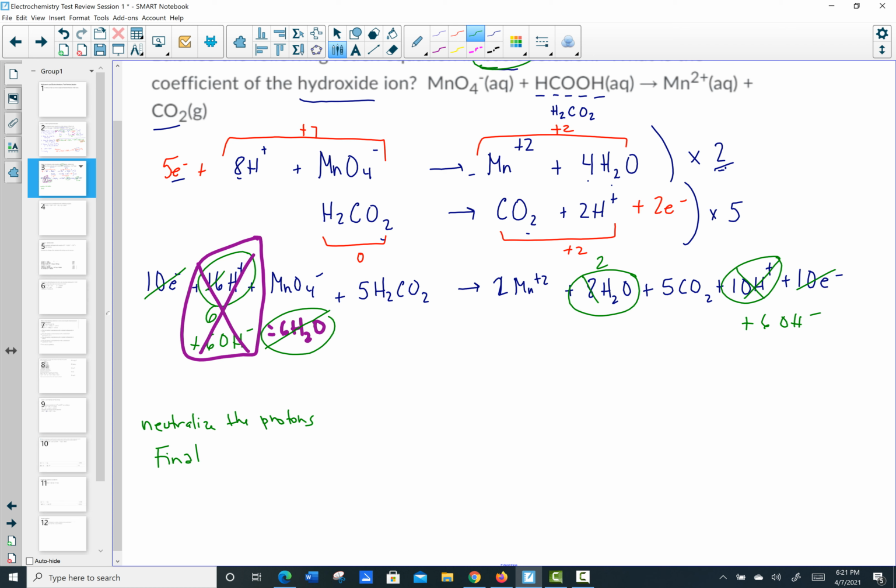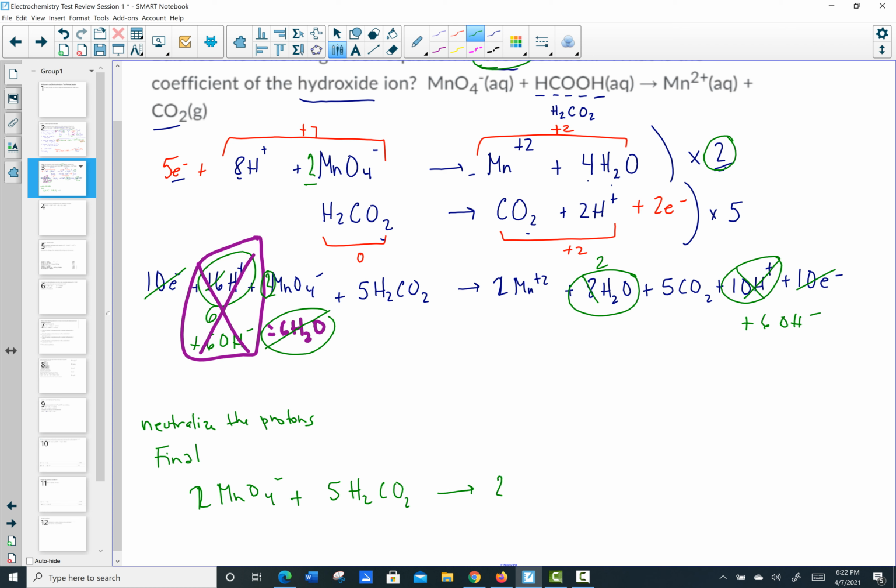So I'm going to write out the final answer. I got to go back and put those 2's there. 2 times 1 is 2 MnO4 negatives. Right there, 2. So I have 2 MnO4 negatives plus 5 H2CO2s. And that's it for the left side, isn't it?